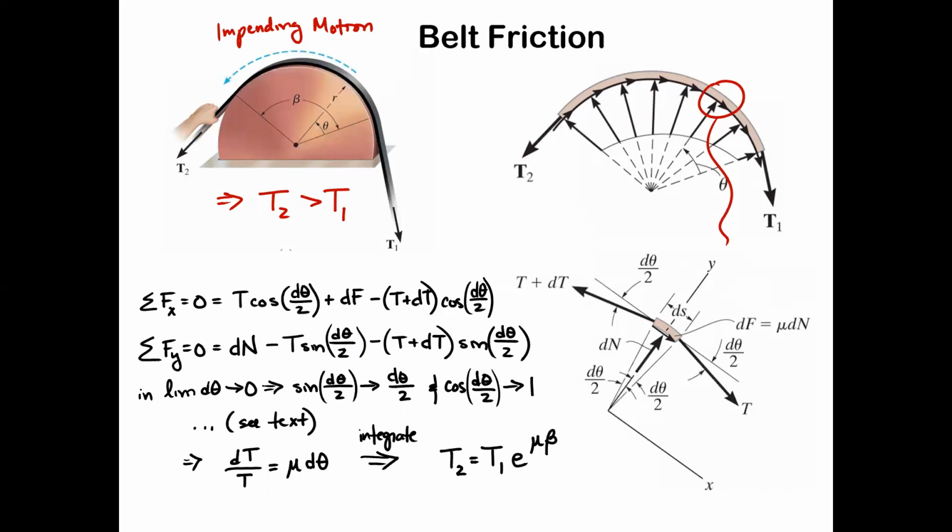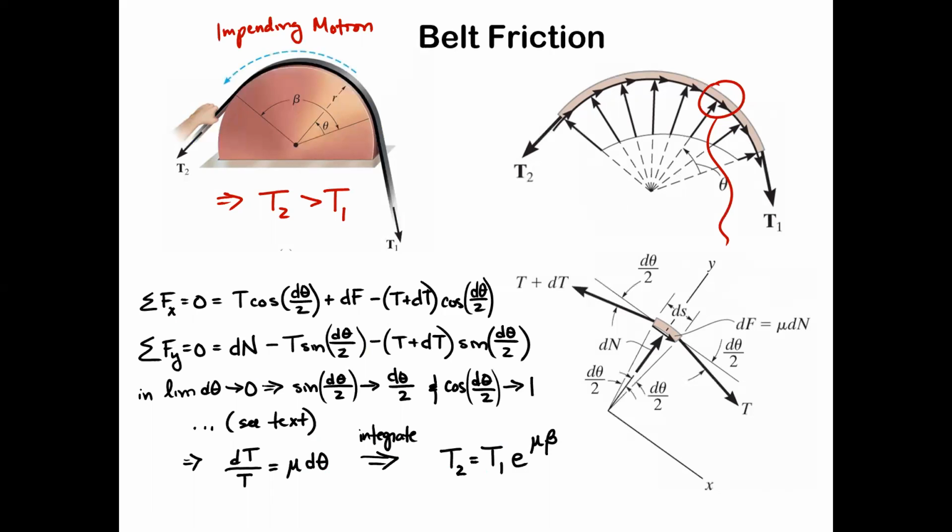When you wrap a belt around a drum, you have a normal force pushing it out all the way around that drum, and you can guess that everywhere that normal force is, there's going to be a bit of friction going on because the boundary surface is contacting all those different points.